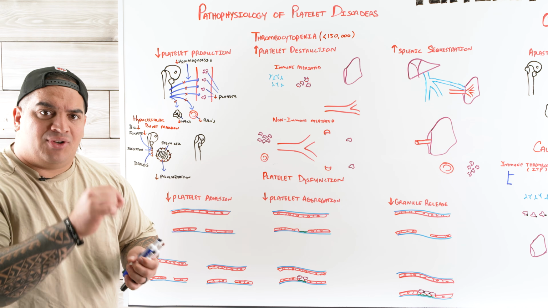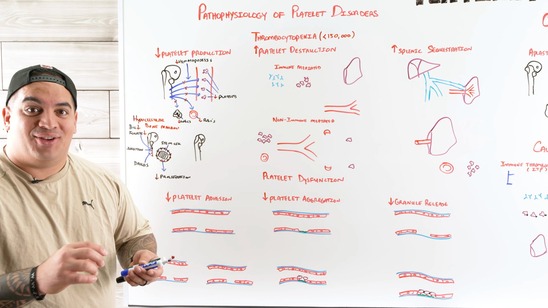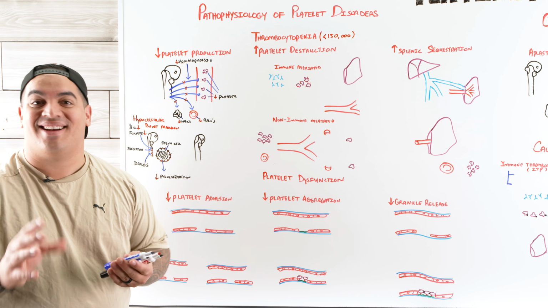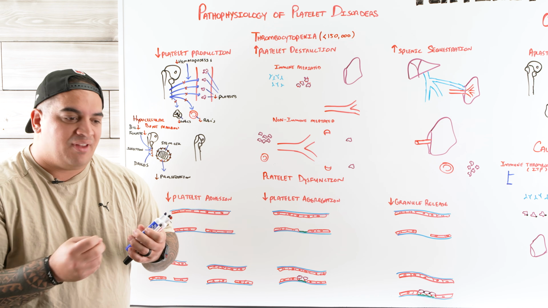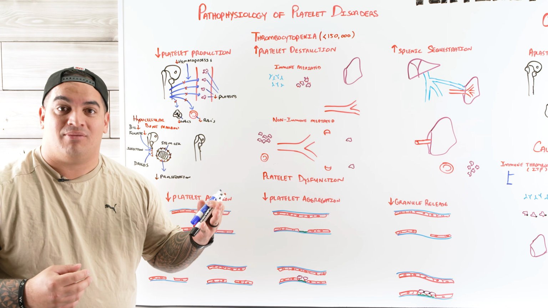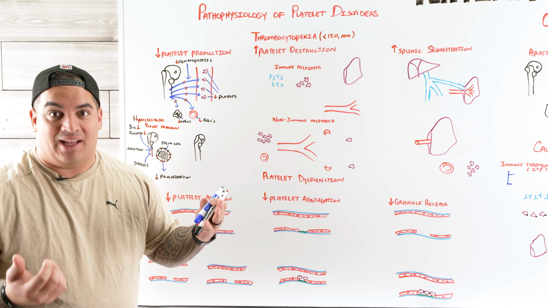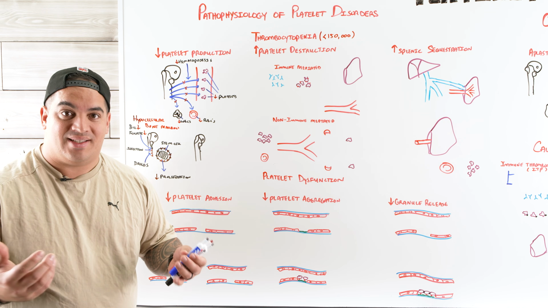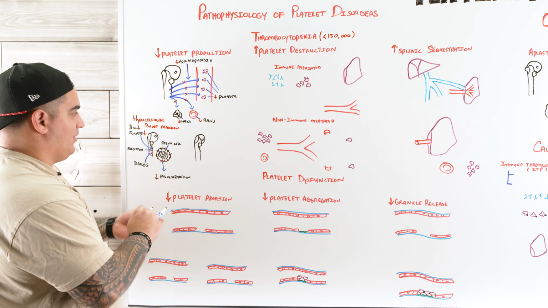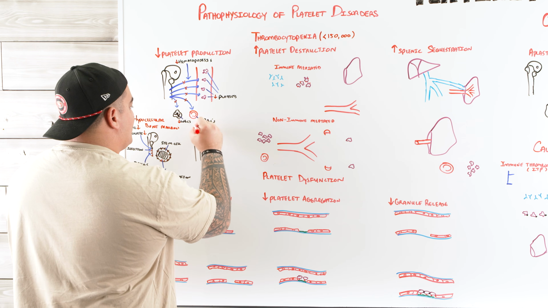What if you actually tapped into the bone marrow though, and when you looked at it, you saw tons and tons and tons of cells, but there were so many cells that were present that it was crowding out the actual other cells, like platelets, and crowding out the space for the production of red cells and white cells. That's a different scenario. So now we can have what's called a hypercellular bone marrow.